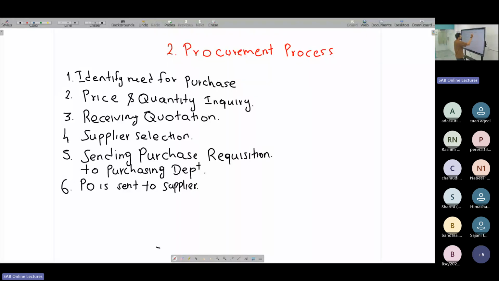Here, what are the documents we are using? Identification of need, there is no document, just the process. Price and quantity inquiry also has no document. We can make a verbal request, or send it by mail. Receiving quotation, quotation is a document.